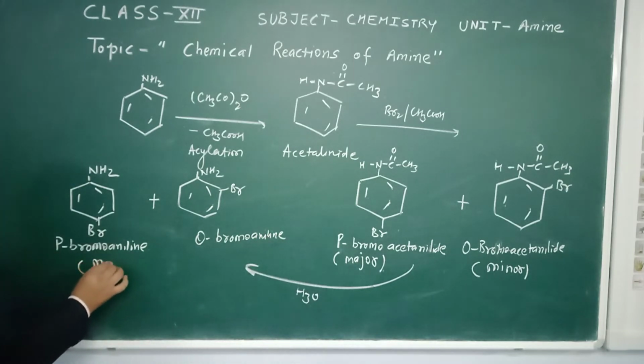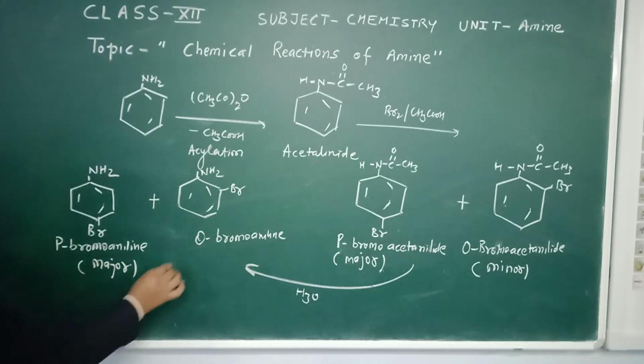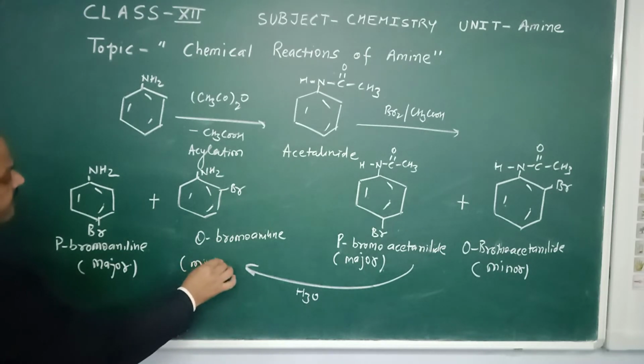Para-bromoaniline is the major product and ortho-bromoaniline is the minor product.